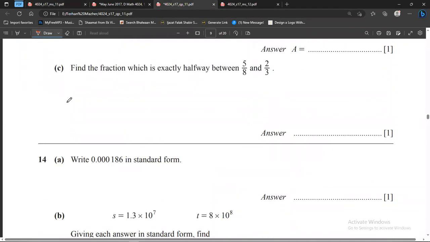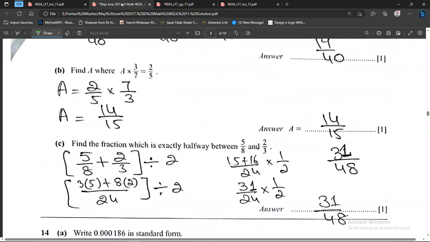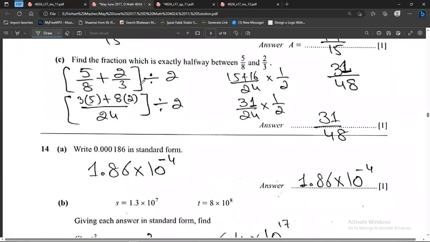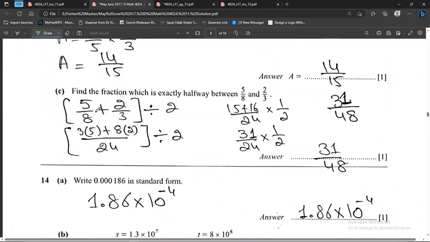Then we have the C part. He says find the fraction which is exactly halfway between 5 by 8 and 2 by 3. So simply add these two fractions and whatever their answer is, divide it by 2. So 5 by 8 plus 2 by 3, divided by 2. The LCM here will be 24, so it will be 3 into 5 plus 8 into 2.